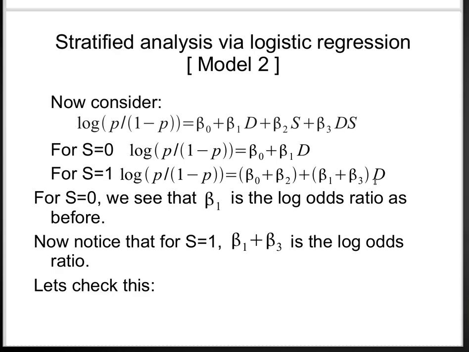And we get those two equations, both involving disease status. But now we can directly see that for the non-smokers, beta 1 is the log of the odds ratio, just as we saw in the previous slide. And similarly, that beta 1 plus beta 3 is the log of the odds ratio for the smokers.